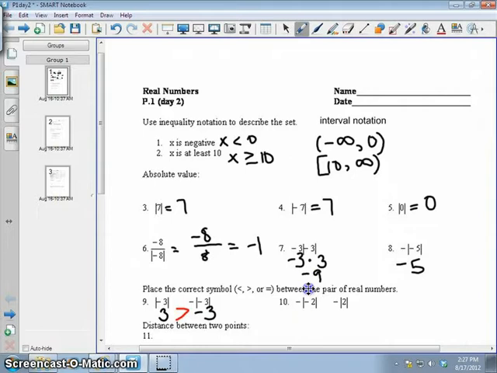For number 10, negative absolute value of negative 2 would be negative 2, and then the opposite of the absolute value of 2 is also negative 2. So for this one, the two expressions are equal.